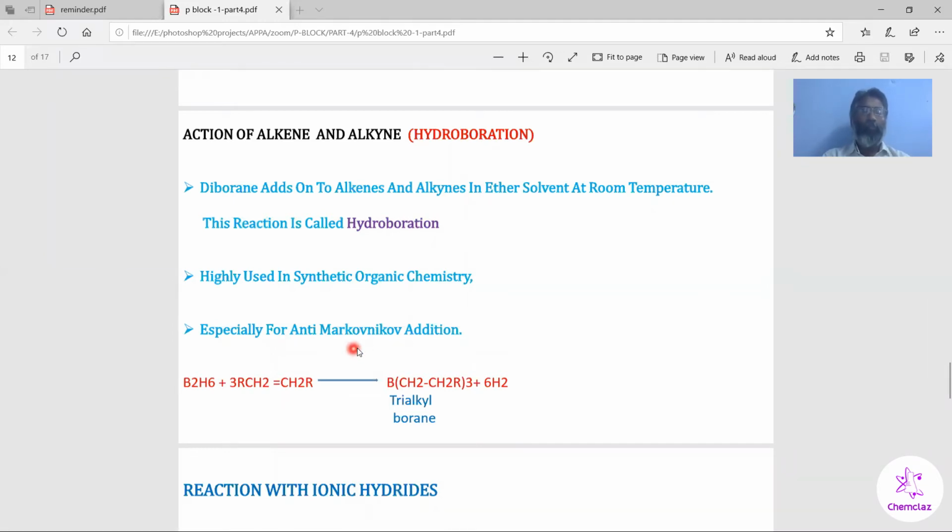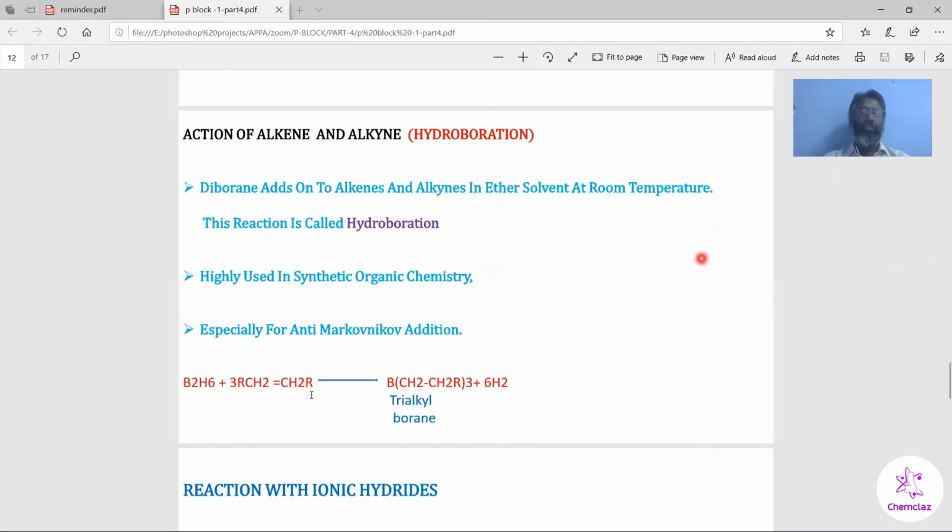What is meant by Markovnikov addition? When an unsaturated organic compound undergoes addition with an addendum, the negative part of the addendum attaches to the carbon containing fewer hydrogens. That is Markovnikov's rule. But if you want to violate the rule, the addition reaction is carried out in the presence of diborane. In the absence of diborane you get the regular addition product.